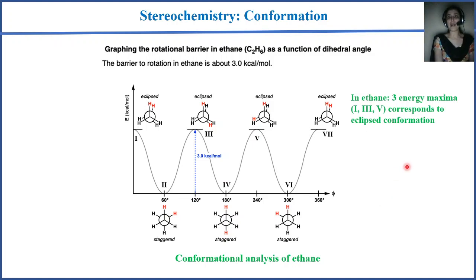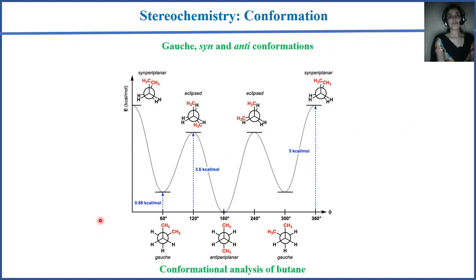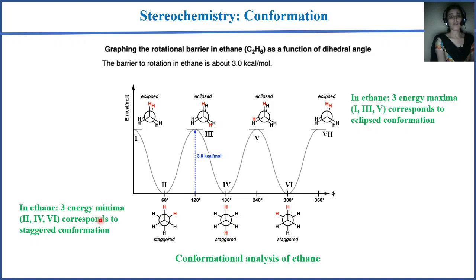Energy maxima 1, 3, 5 correspond to eclipsed conformation, as I told you before. And in ethane, the three energy minima 2, 4, 6 correspond to staggered conformation. Now, this is the conformational analysis of ethane.